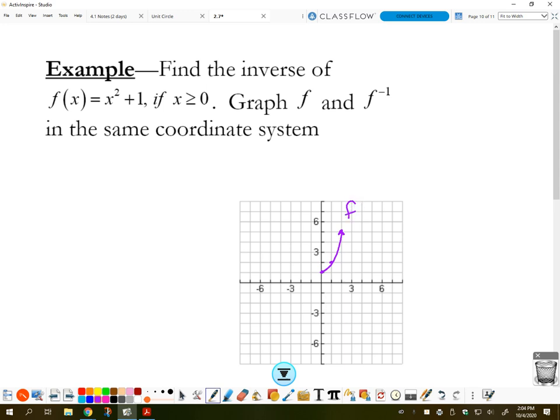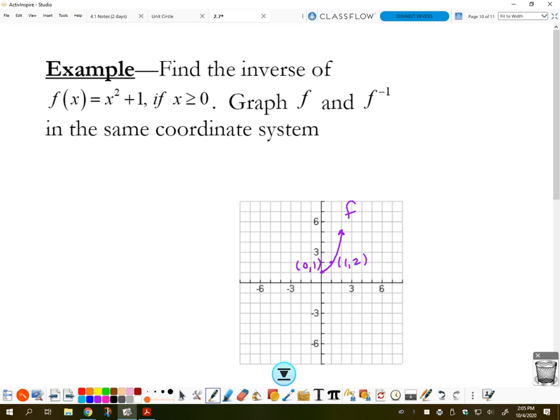All right, so that is my f function. To graph its inverse, we're going to take these points. This point is at (0, 1). This point is at (1, 2). We could do more, but that's enough to get the idea.